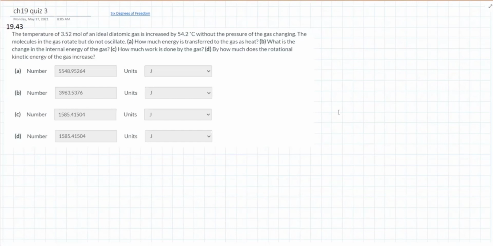And again, you all hopefully know to log into Blackboard and access these recordings via Blackboard, which I would do a lot as well. Let's start chapter 19, quiz 3. The first thing I'm going to do is show an incredibly exciting video called The 6 Degrees of Freedom. And let me get this set up.